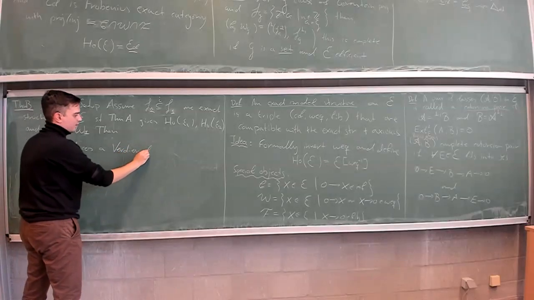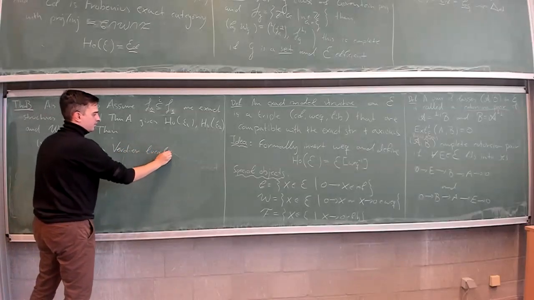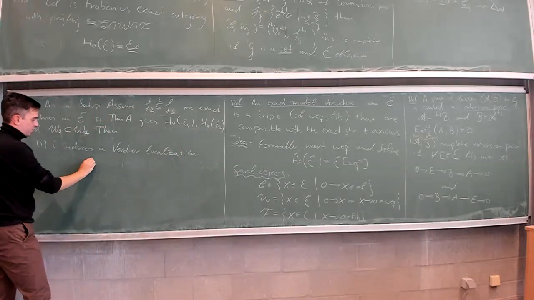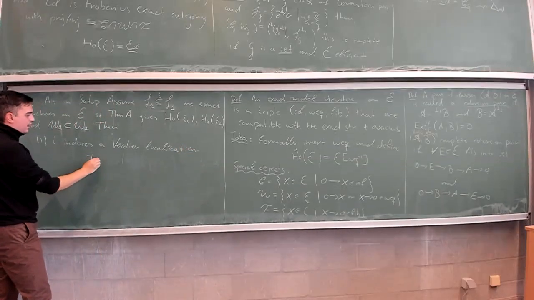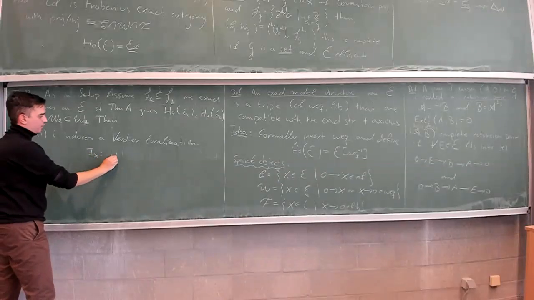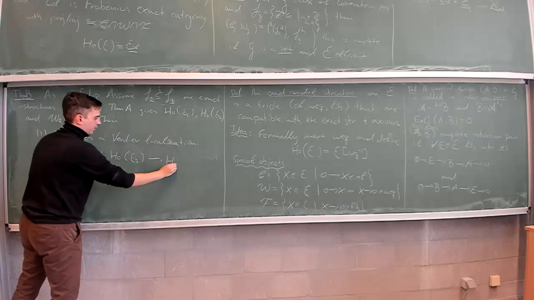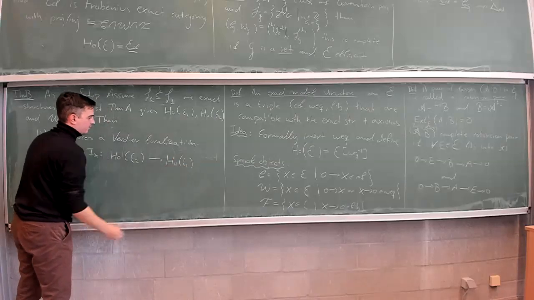a Verdier localization, which I'm going to call I lower star, from the homotopy category of E2 to the homotopy category of E1.